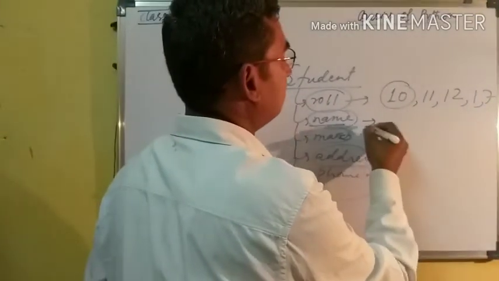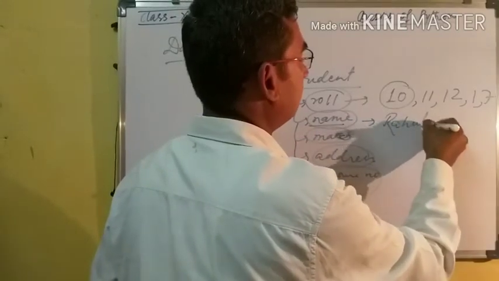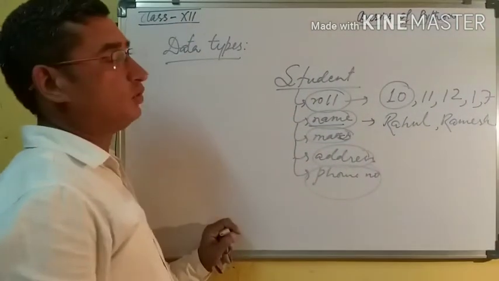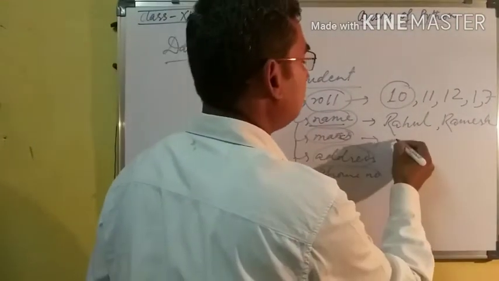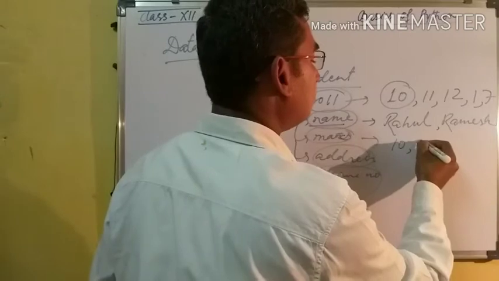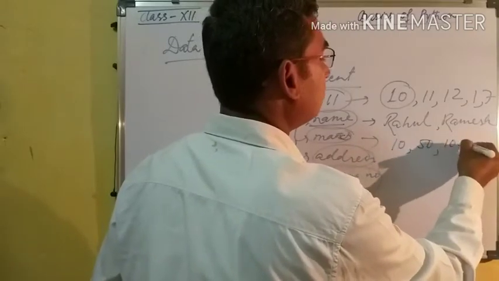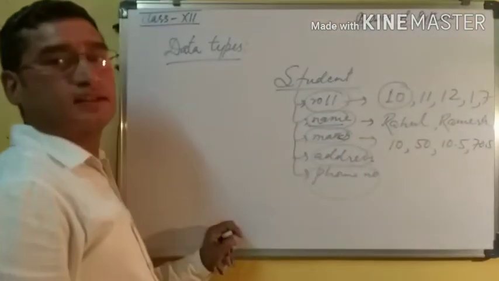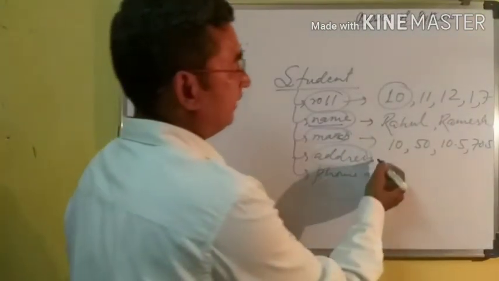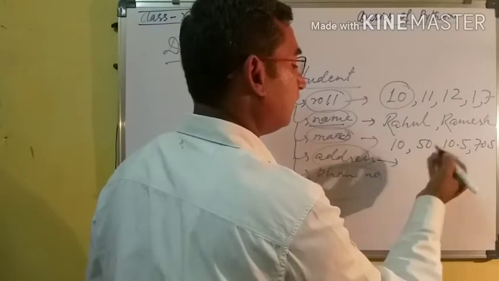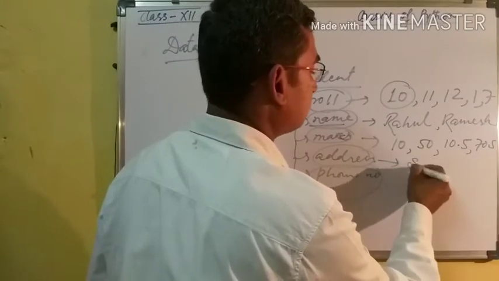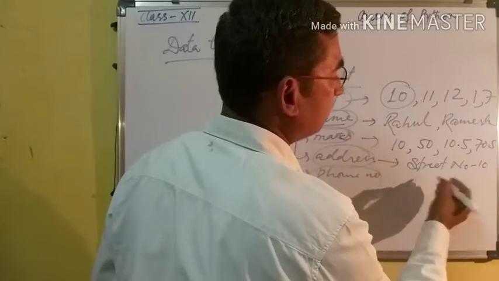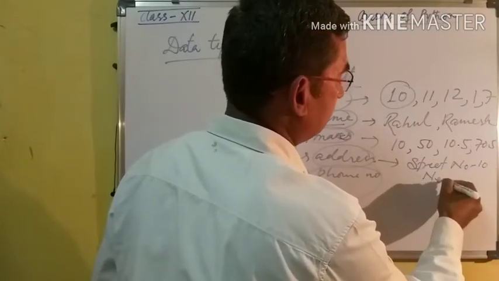Name, you can see Rahul, Ramesh, in this form. Marks, you can see 10, 50, 10.5, 70.5. This kind of value you can see. Address, you can see any address, street number 10, New Delhi.